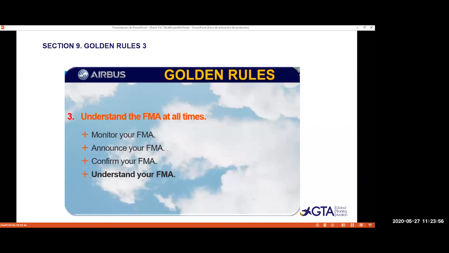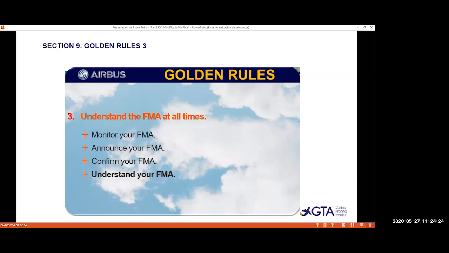And the fourth point, please understand the FMA, because remember one thing: this aircraft is going to fly what the FMA says. If you select something on the FCU and it is not reflected on the FMA, the aircraft is not going to do what you selected on the FCU.